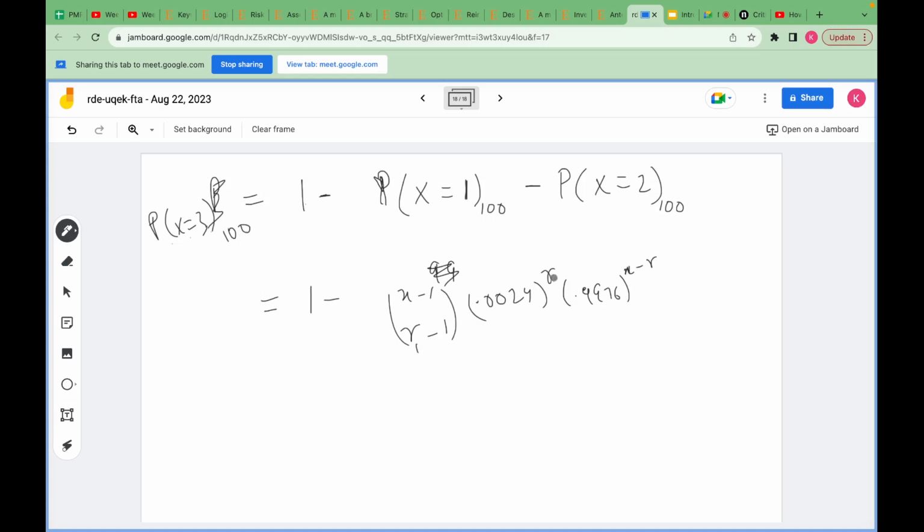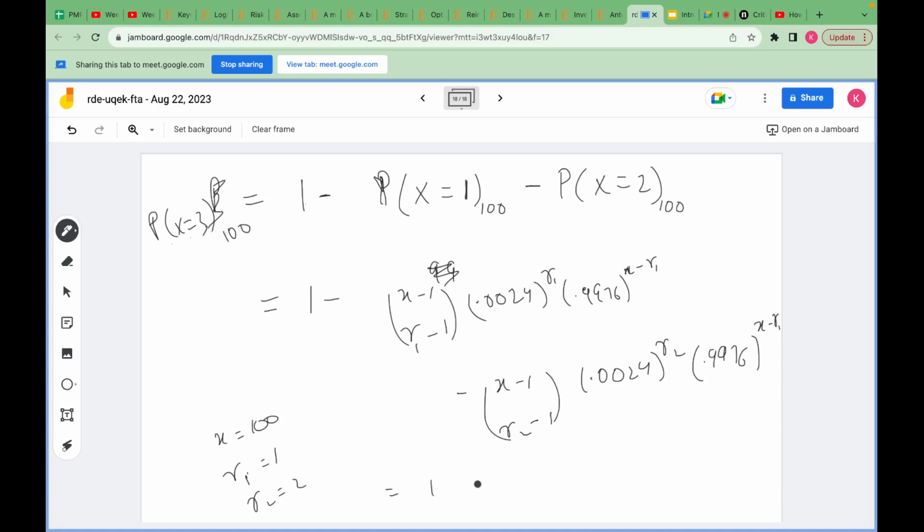This is r1 and this is r2. 0.0024 to the power r2, 0.9976 to the power x minus r2. X is 100, r1 is 1, r2 is 2.